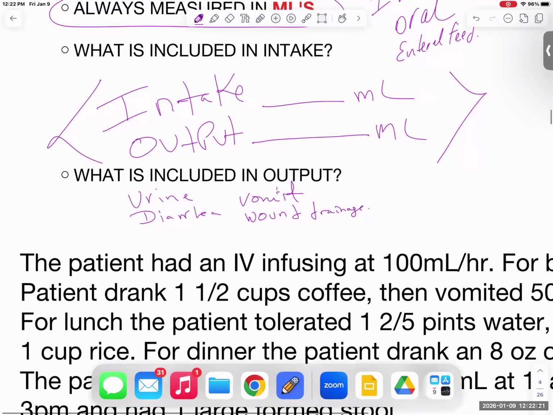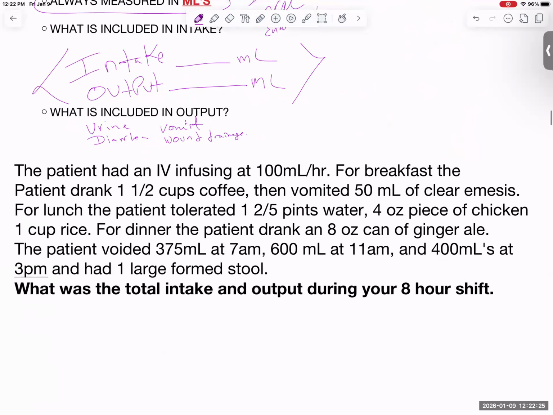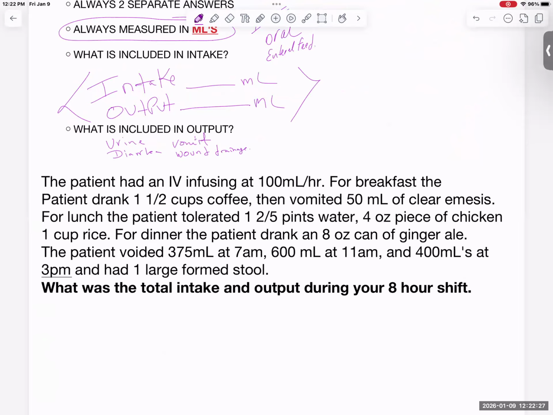So I want you to look at your screen or my screen, and I want you to tell me what is included in the intake in this screen right here. What would I include in the intake?